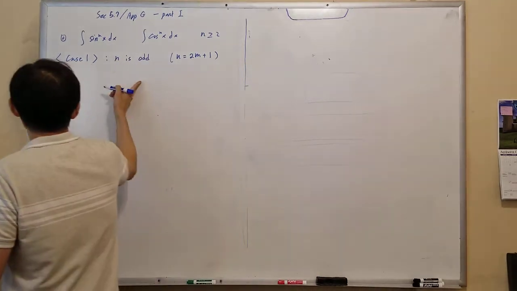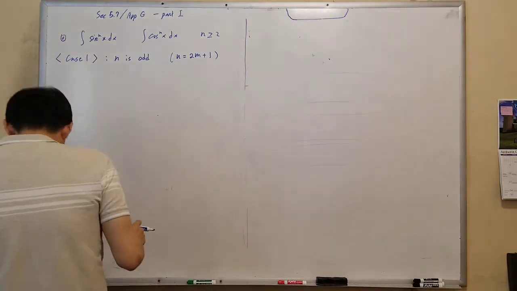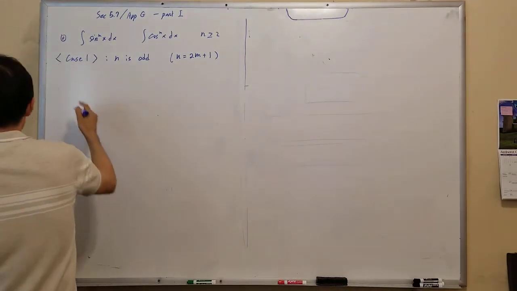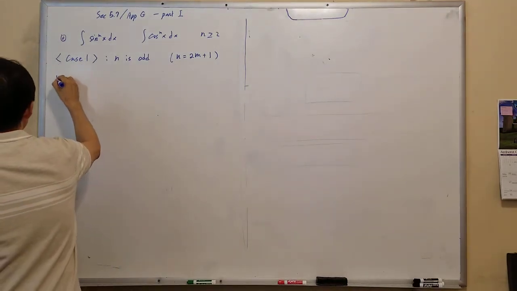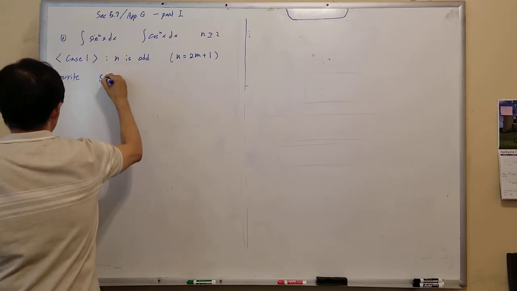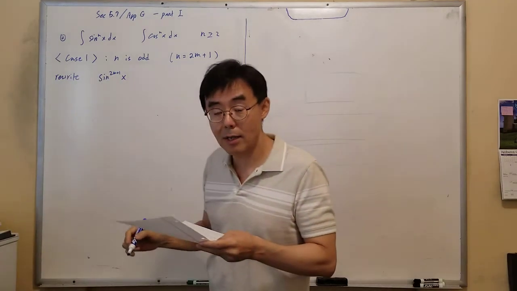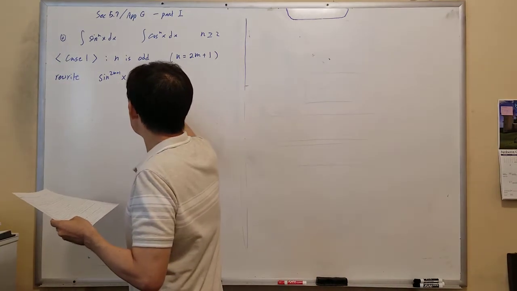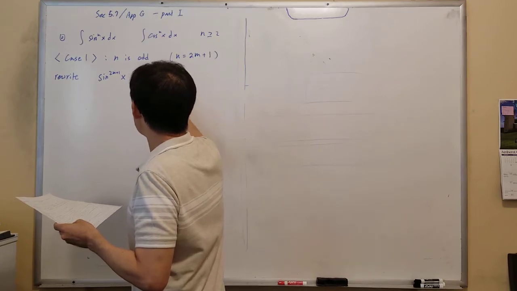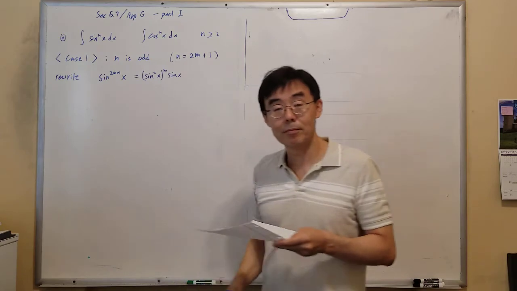In that case, the technique involved is rewrite sine to the nth power, so 2m plus 1 power of x, as sine square x to the mth power sine of x, right?